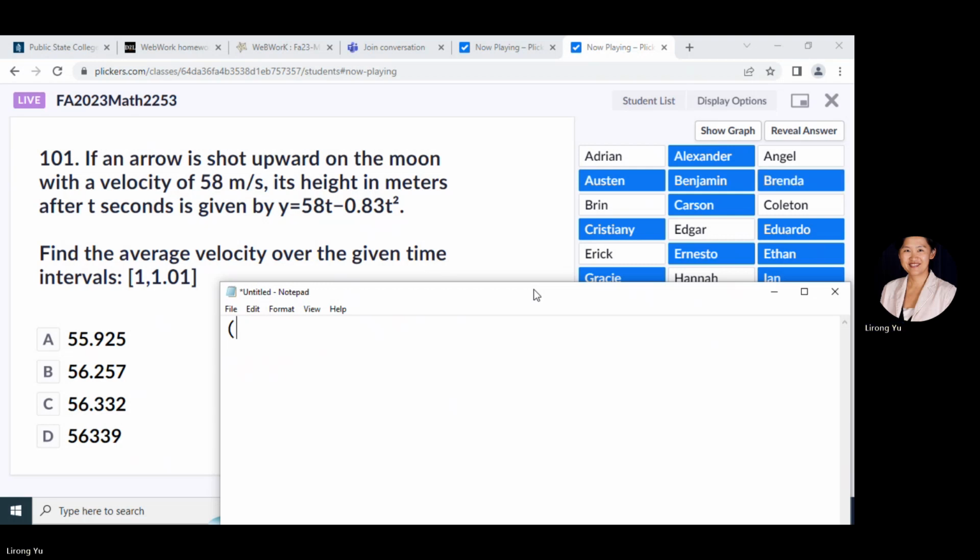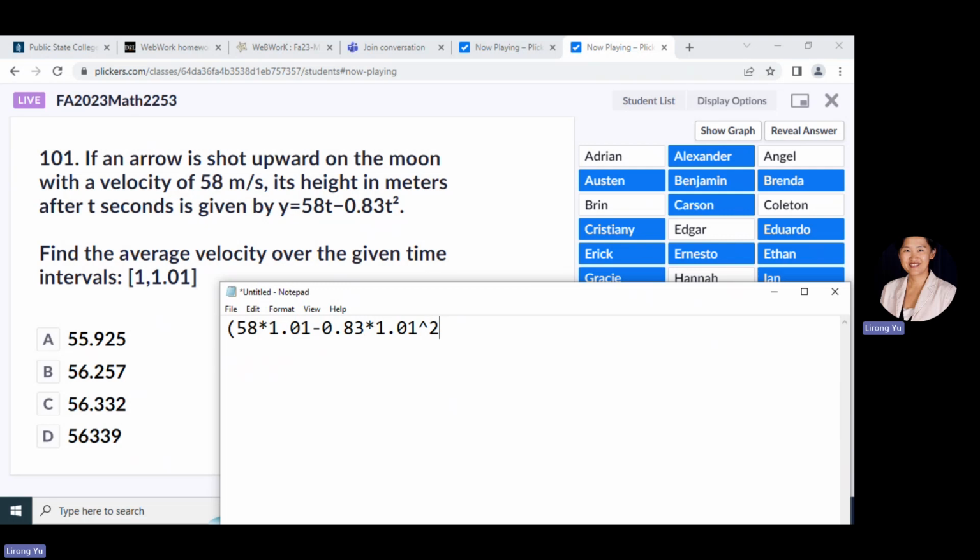So we calculate the y value: you plug in the x value, 58 times 1.01 minus 0.83 times 1.01 squared. That's the y value for 1.01. You have to subtract the y value for 1.